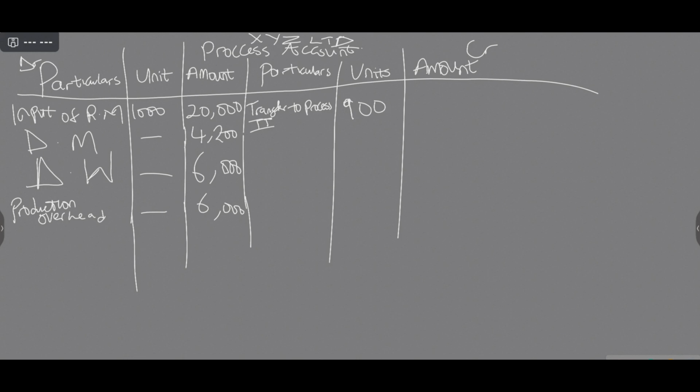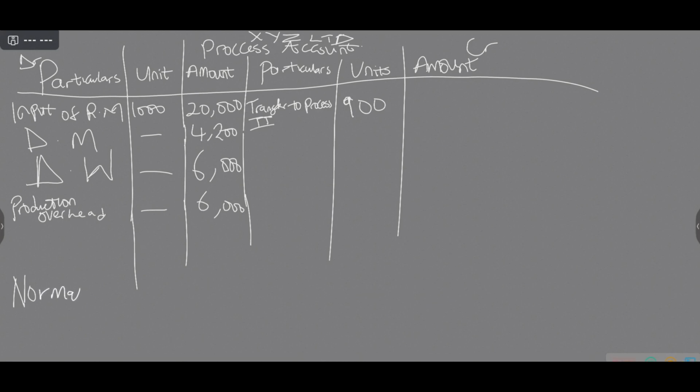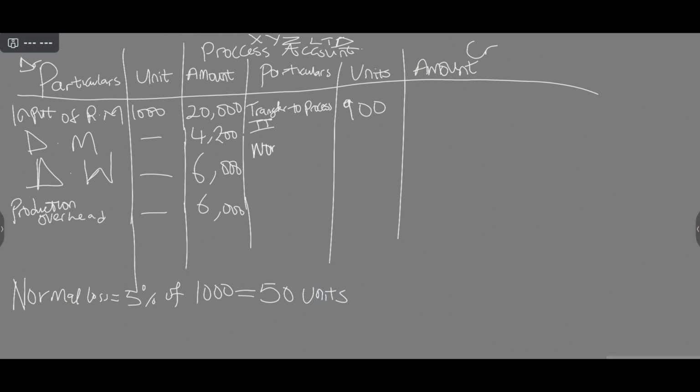So we have the normal loss of 5%. That's 5% of the raw material inputted in the process. So the normal loss is 5% of the inputted raw material of 1000 units, which will give us 50 units.